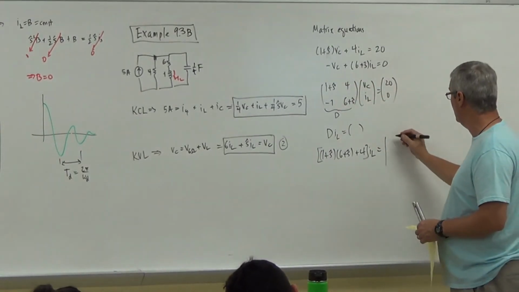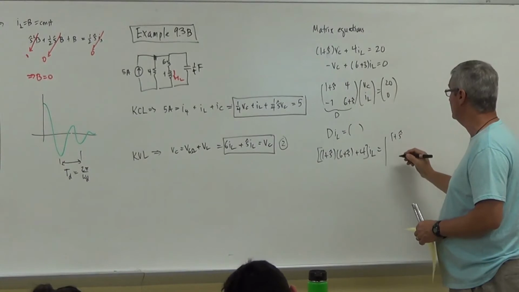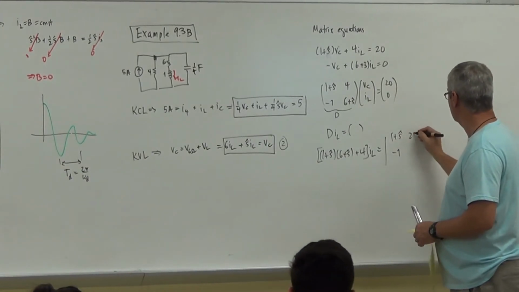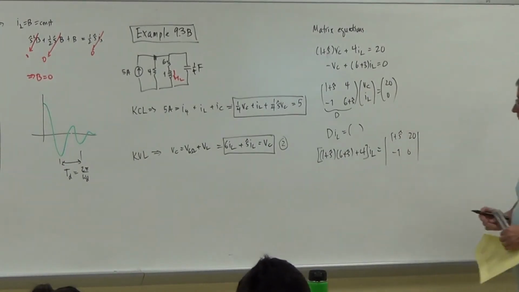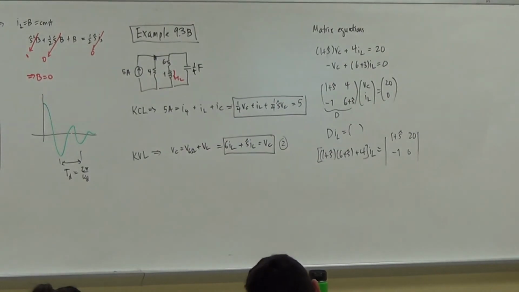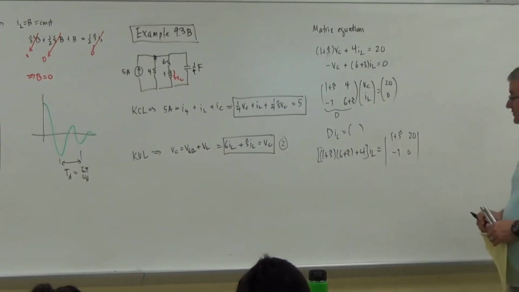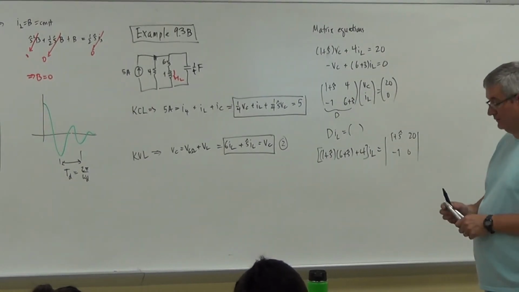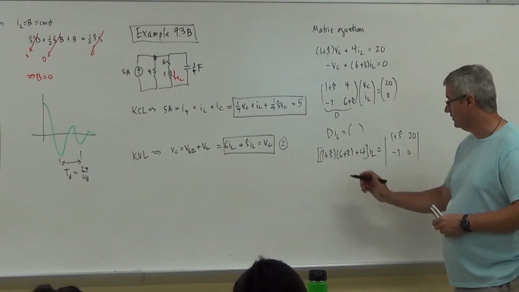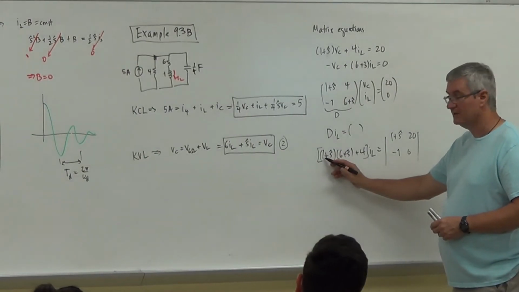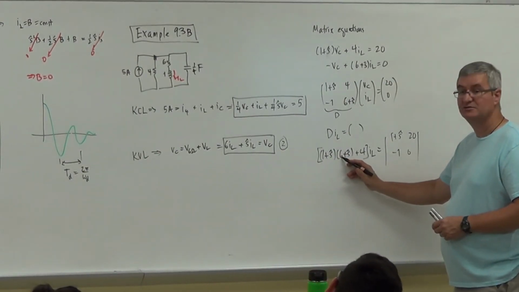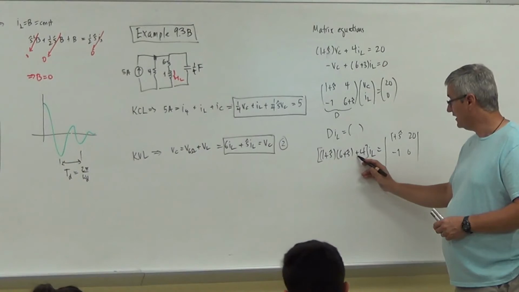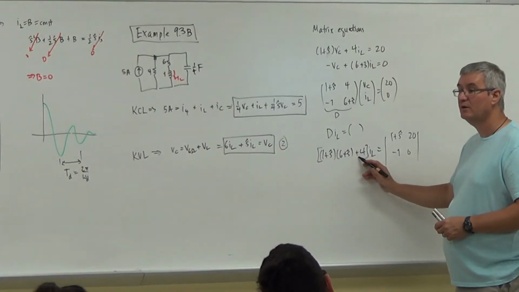So then it's got to be 1 plus S hat, minus 1, 20, 0. See? I'm trying to save some time here. Now I got to multiply out this mess here. Let's see if I did anything right. So here, 1 times 6 gives me 6. And look at that 4. Plus 4 gives me 10.